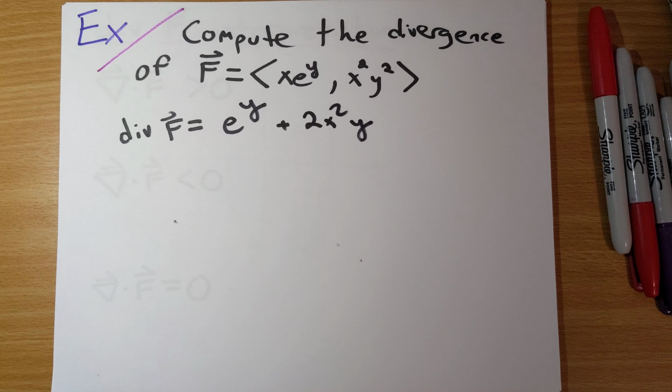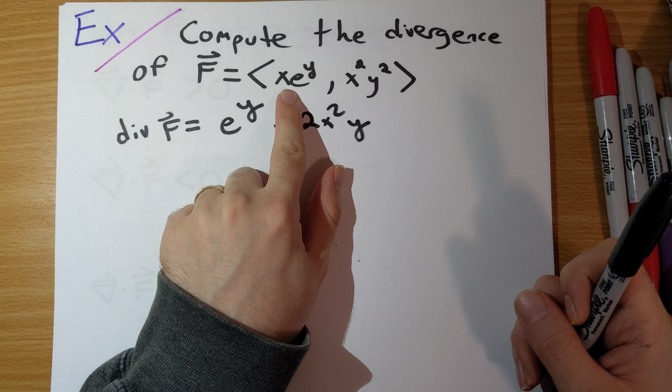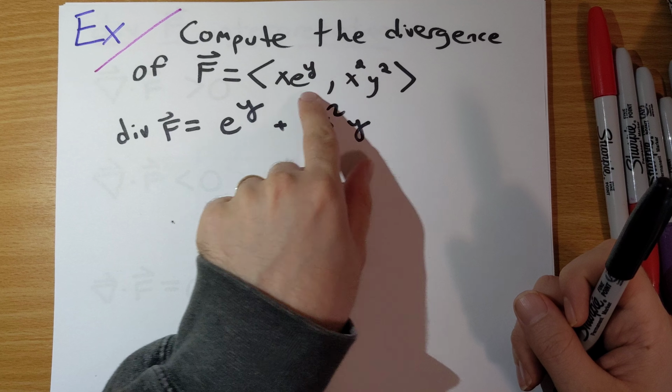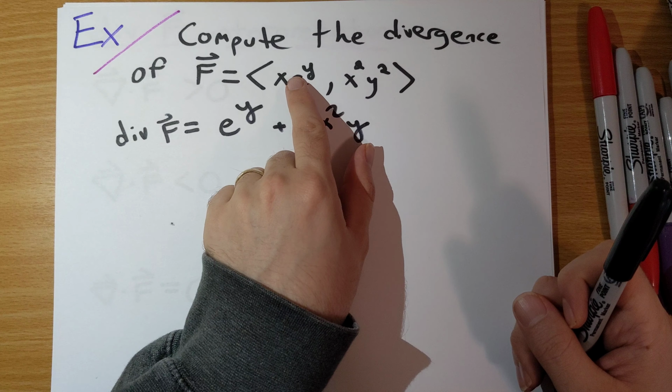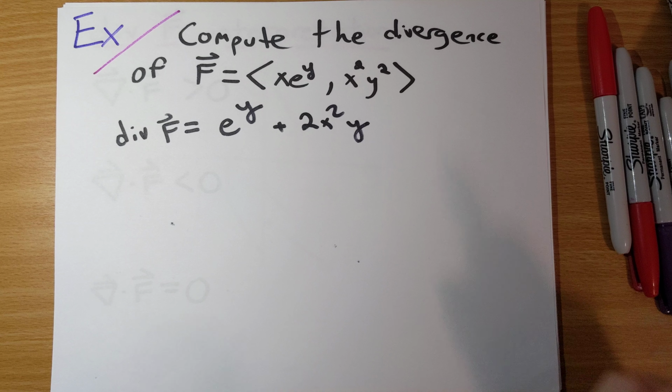So for the divergence, you take the corresponding partial derivatives of each entry here. You take the x partial derivative of this, you take the y partial derivative of this, and you add up those partial derivatives.